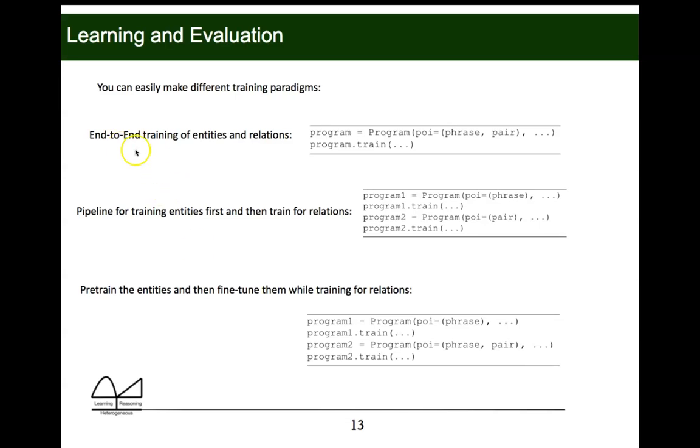So if you want to do end-to-end training, for instance, based on the entities and the relationships at the same time, you would just pass both phrase and pair to the POI of the same program. Or if you want to do a pipeline, first for instance entities, then relations, you define two programs, first phrase, train it, and then pair and train it. Or if you want to first pre-train the entities and then fine-tune the entities with the relations, you train the program based on the POI phrase, and then you define another program for phrase and pair altogether and train it again.